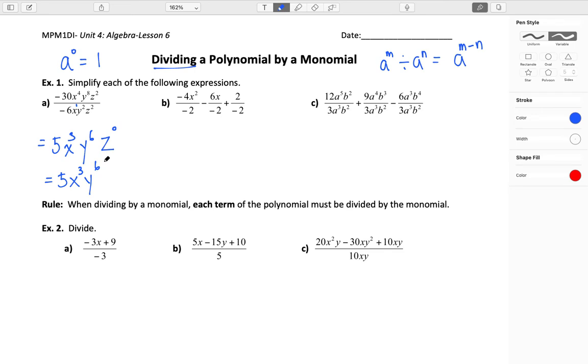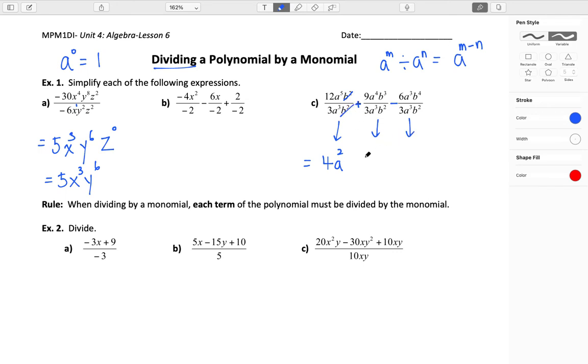Okay. Now what about letter C? We are going to do this separately because it's adding and minus. So we're going to do this division and this division separately. So 12 divided by 3 is 4. And you always subtract the exponents of the same base when you're dividing. a squared and b squared cancel out, right?